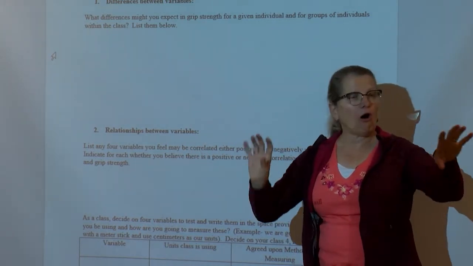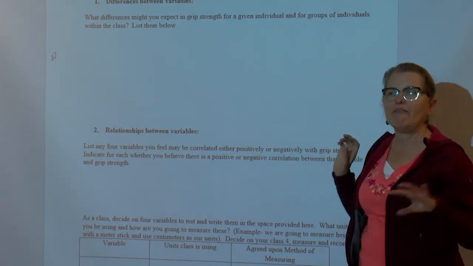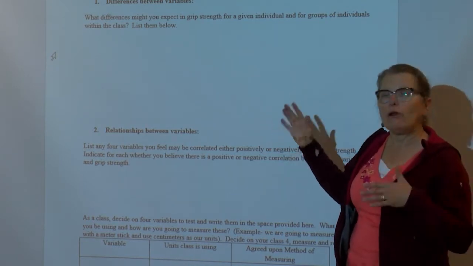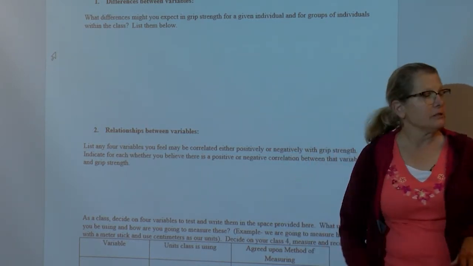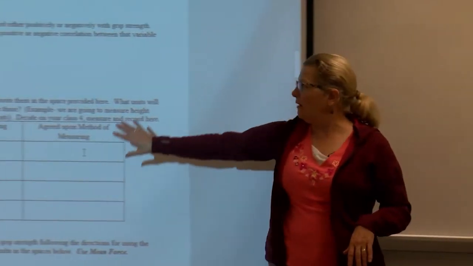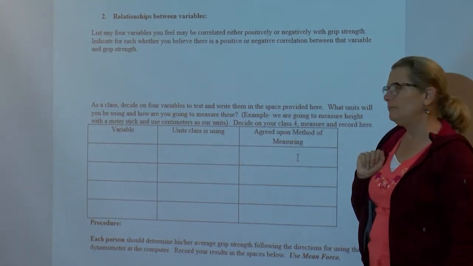And then we put all those factors on the board, so we end up with 10 factors because we usually have 5 tables of students. From those 10, we vote on our favorite 4. So that's why it says list any 4 variables you think might be correlated either negatively or positively.